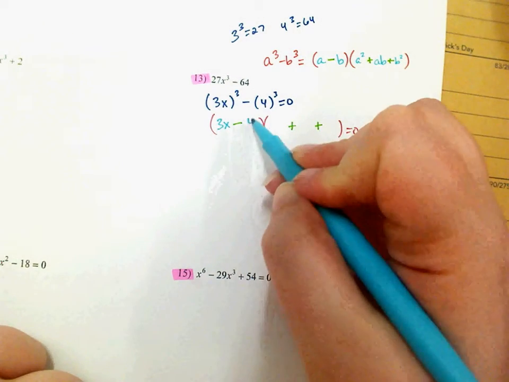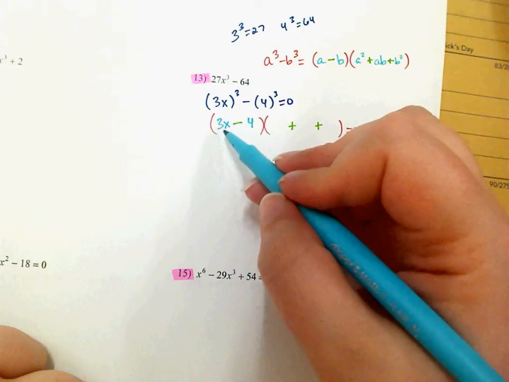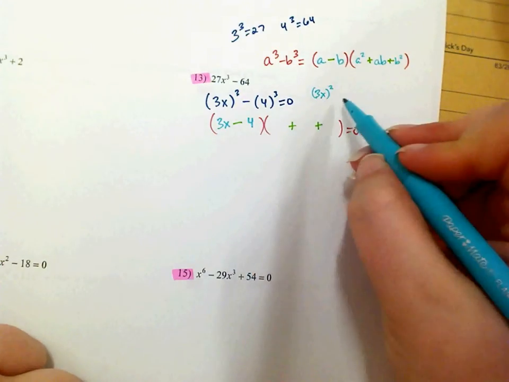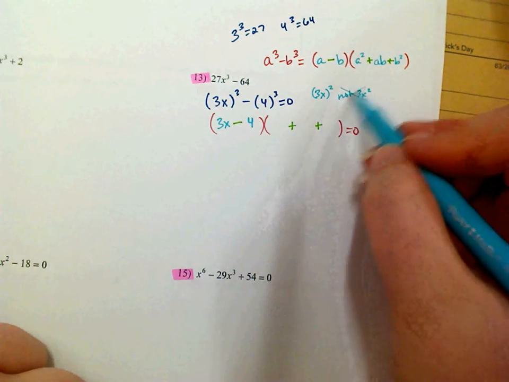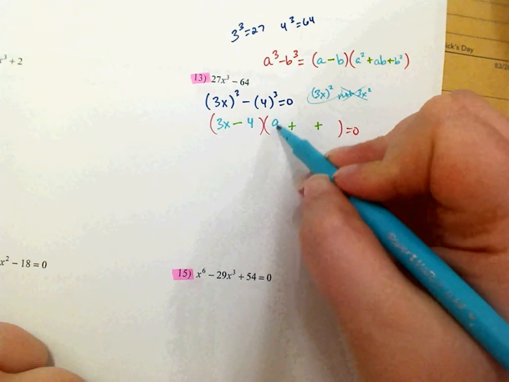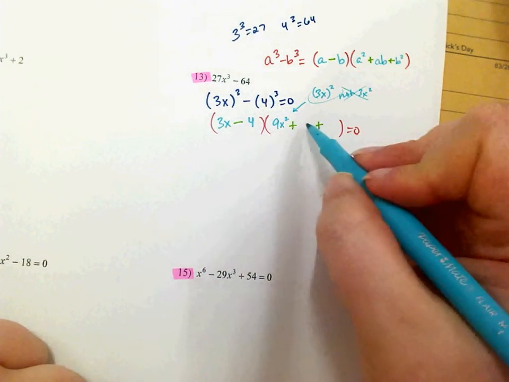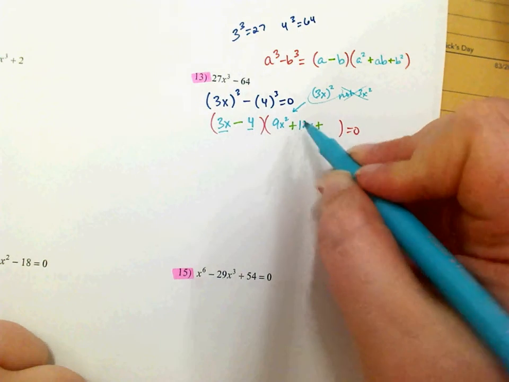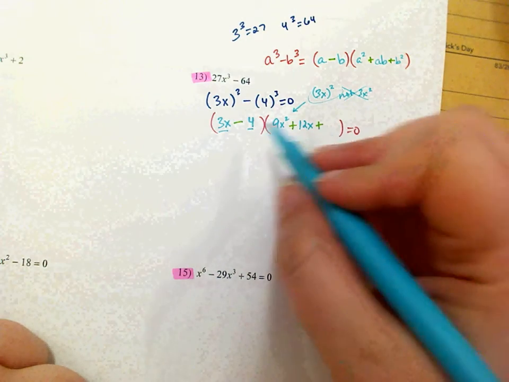Now, in this first term, I have to say this squared. 3x squared means the whole 3x squared, not 3 times x squared, okay? It's this, which is 9x squared. Alright? Now, for the middle term, I got to multiply 3x and 4, so 3x times 4 is 12x. Don't take the negative with it, we're not worried about that. And then the last term is the last number squared, so 4 squared is 16.